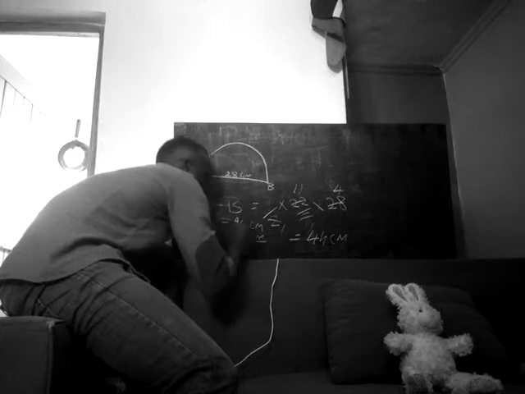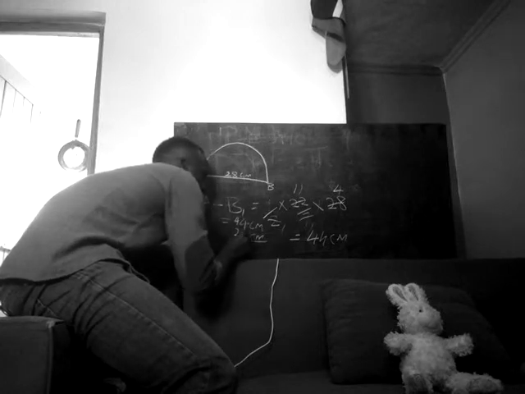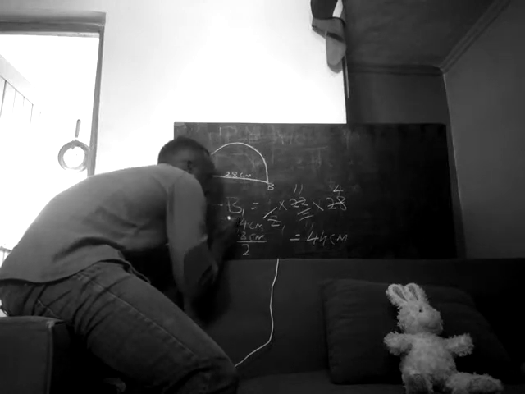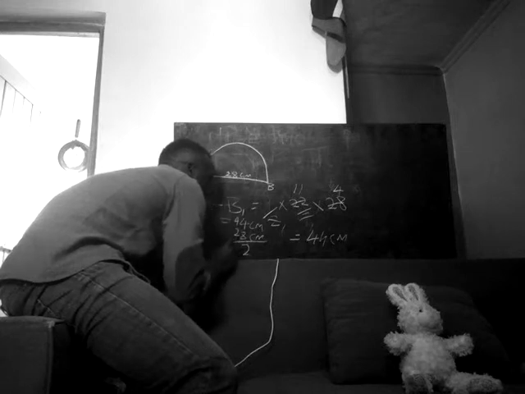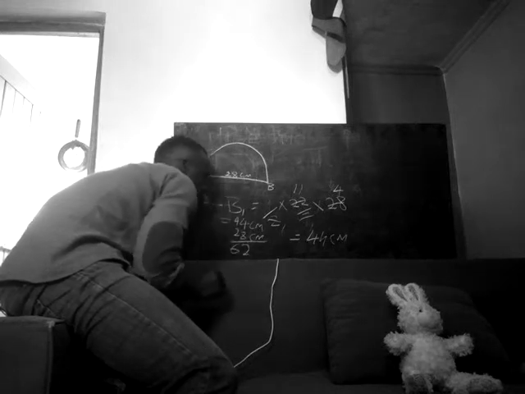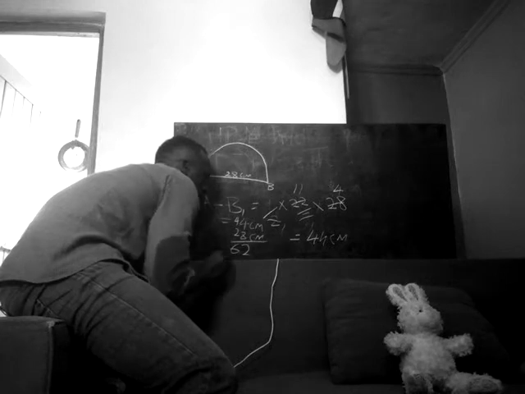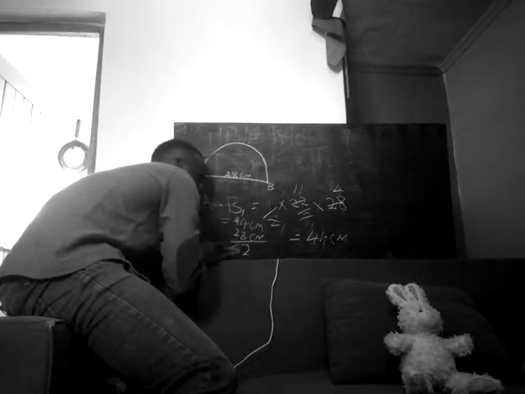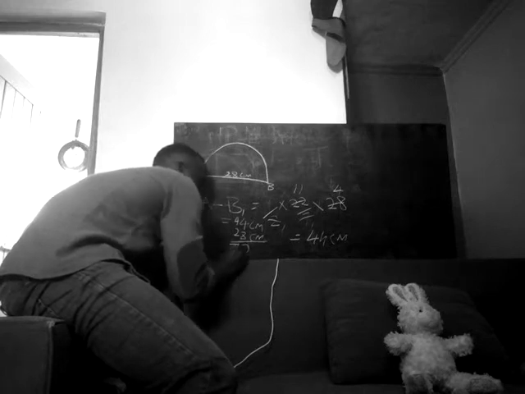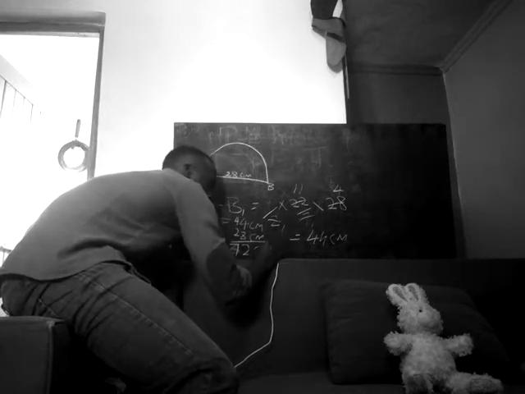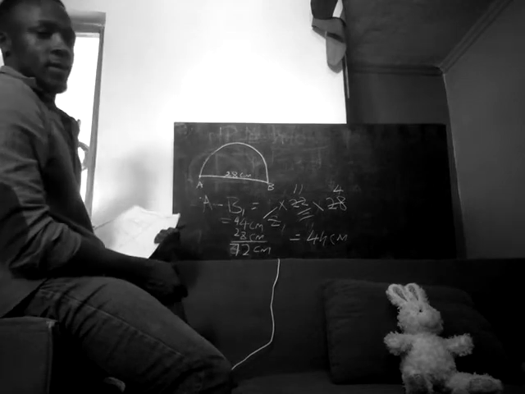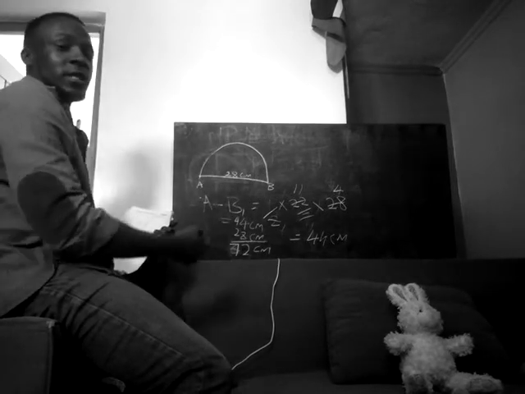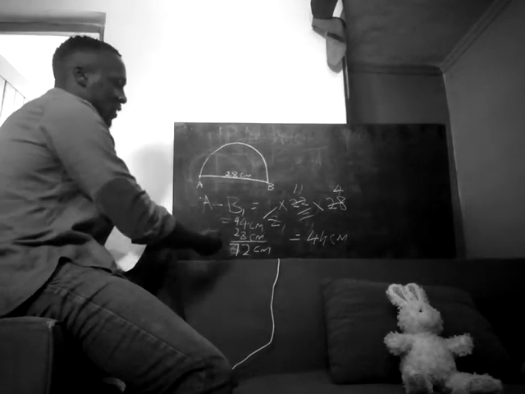So we write 2, we carry 1. Now we have 4 plus 2, that is 6, plus the one we had carried, that is 7. So that is 72 centimeters. Whatever we're going to be having is 72 centimeters.